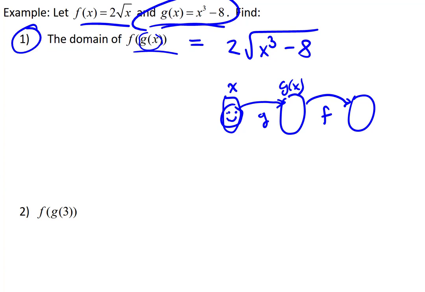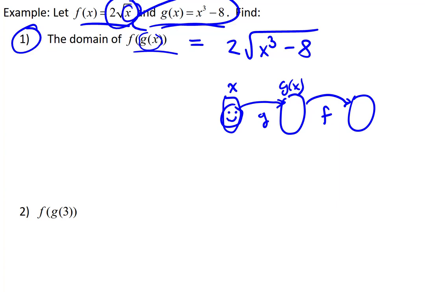Okay, but we only want those such that g of x is in the domain of the f function. That's over here. Now we need to know what the domain of the f function is. If you look back, f was 2 square root of x. The domain of the f function then is that all of its inputs have to be greater than or equal to 0.